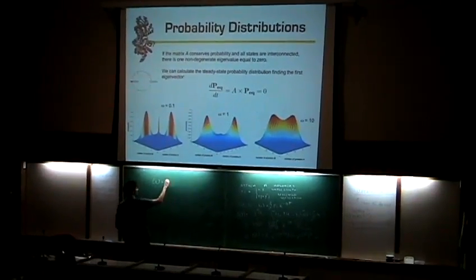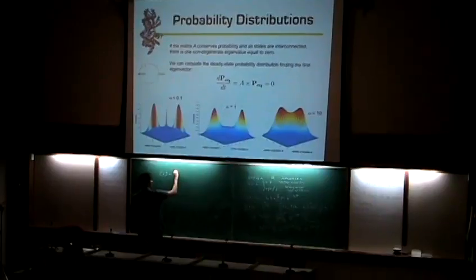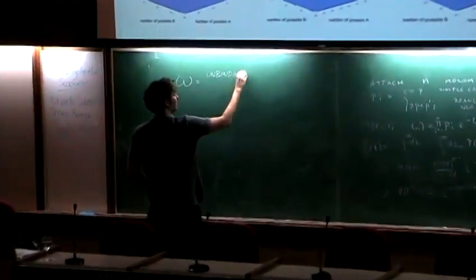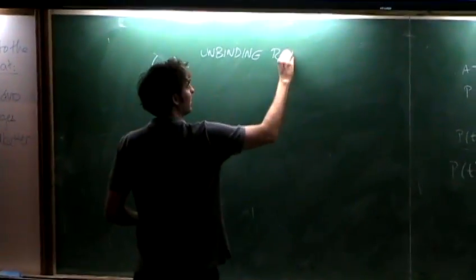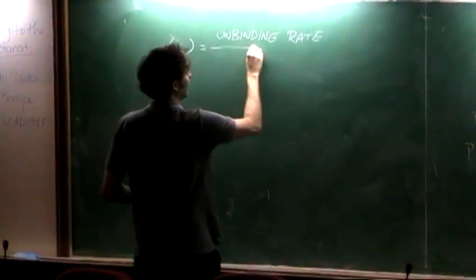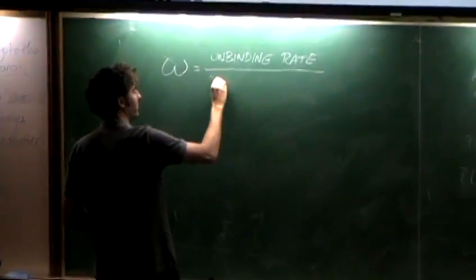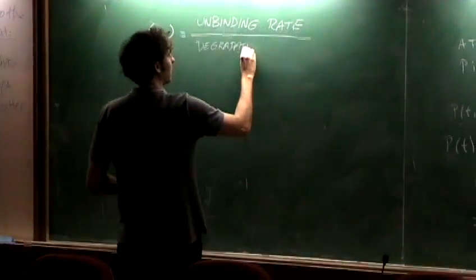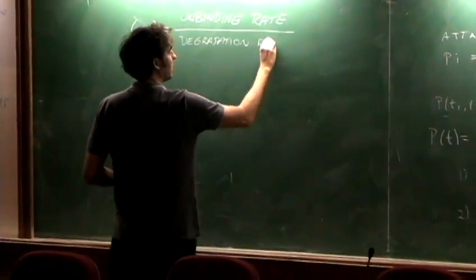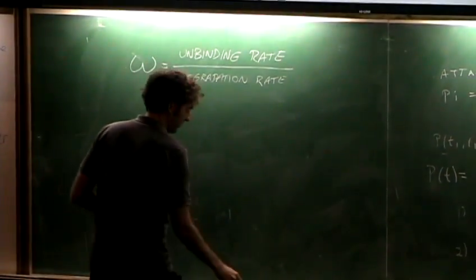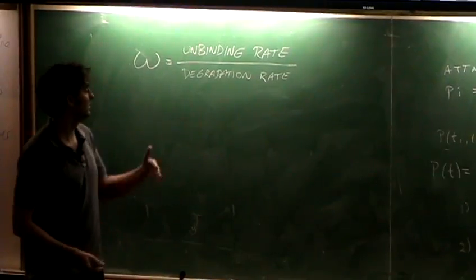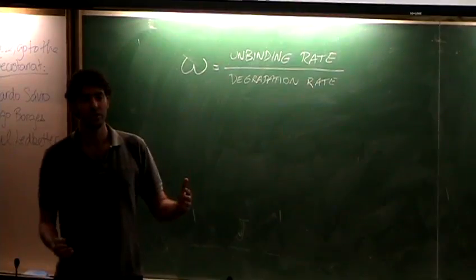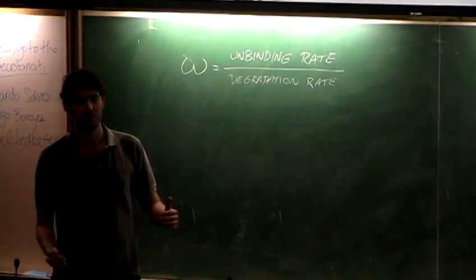So omega is going to be your unbinding rate over the degradation rate, okay? So basically, it's just going to measure how fast the binding and unbinding is happening compared to the synthesis and degradation.